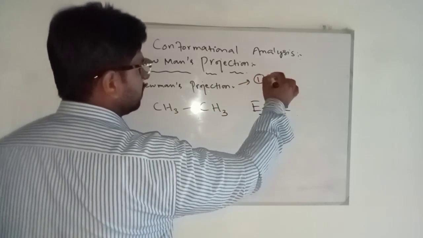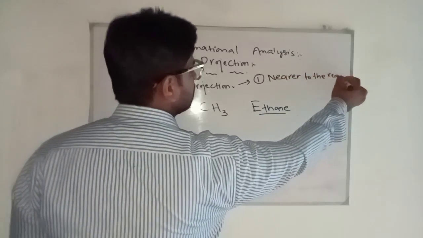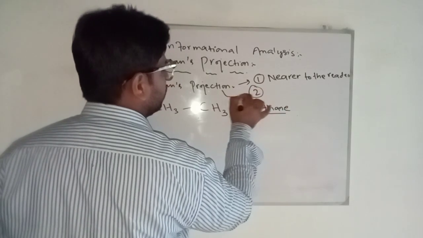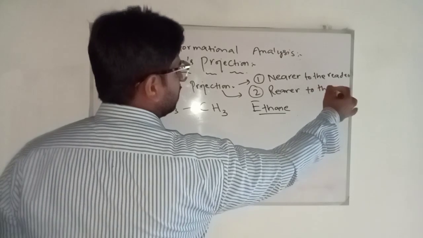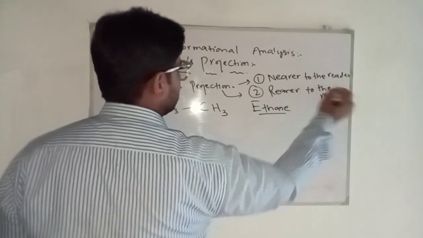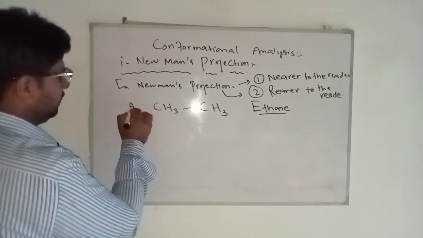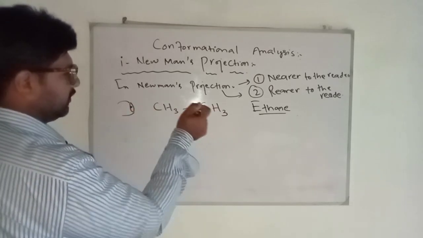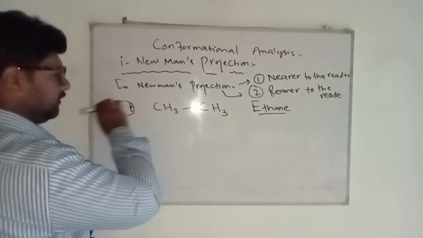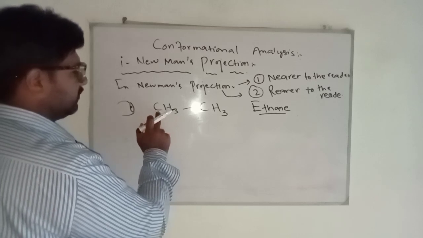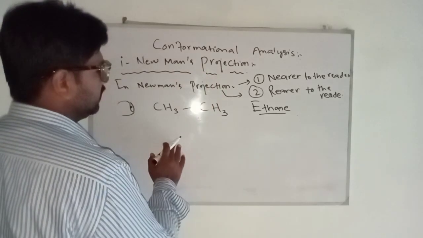One will be nearer to the reader and the other will be rarer to the reader, and we will visualize this molecule from this side, not in the direction of the pointer, but in the direction from here, which means that this carbon will be towards the reader and this carbon will be farther from the reader.